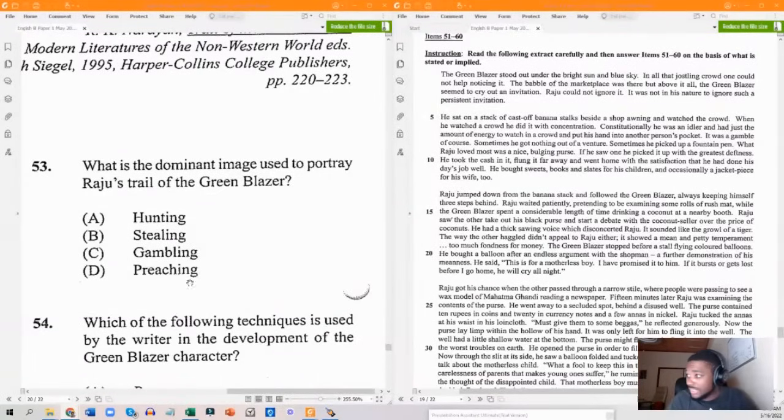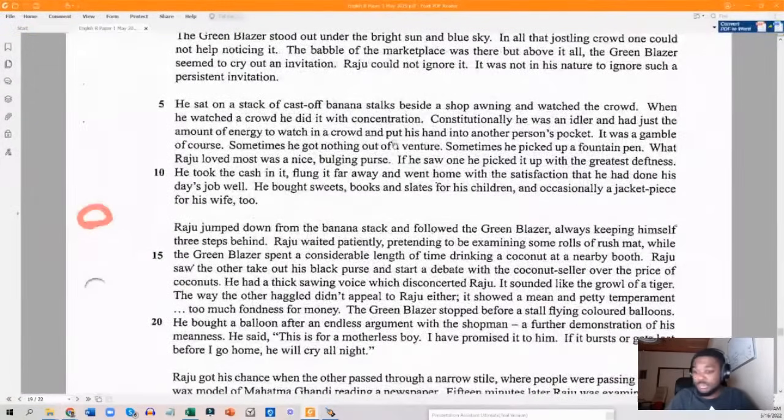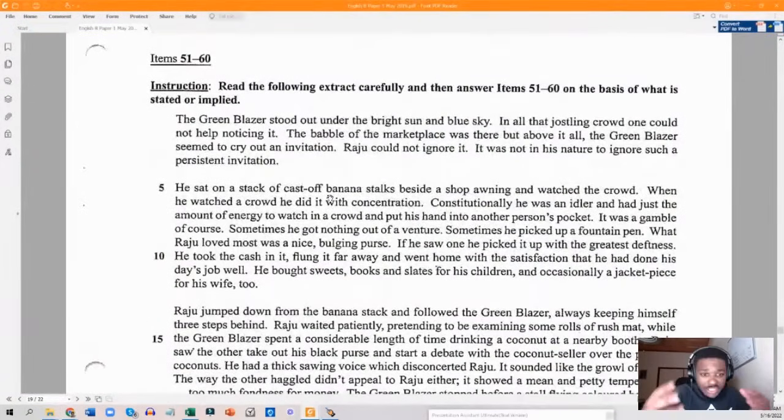It's gotta be A. Hunting. Has to be hunting. Where do we see hunting? Images of hunting. So he's trailing this green blazer to steal his money, but it's as if he's hunting his prey. Let's see where we see hunting.